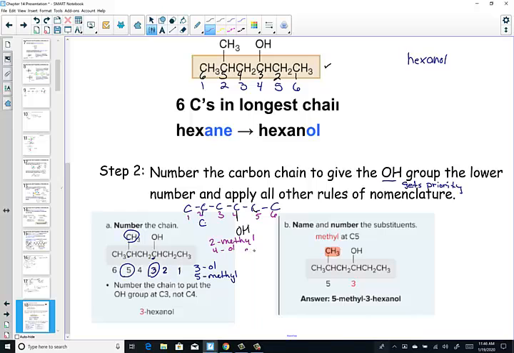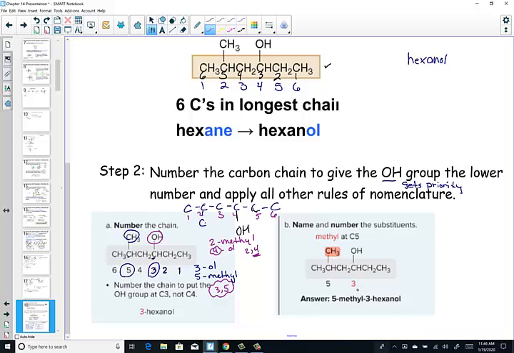Because clearly a 2,4 is a lower numbering system than a 3,5. This is where it's different for alcohols than it's been previously for just boring hydrocarbons so far. The alcohol must get the lowest number possible. 3 is lower than 4. And so I have to number from right to left to ensure the alcohol gets priority.